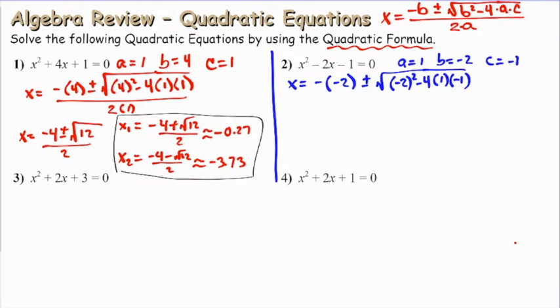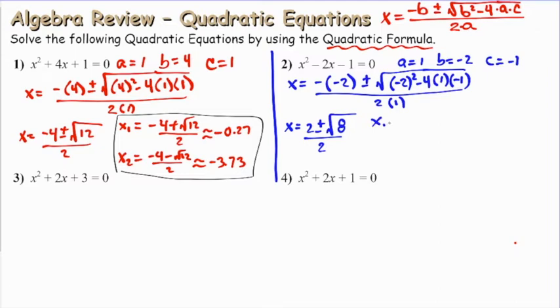We plugged in all of those values all over 2a. And now we can say that x is equal to the negative of -2, which is +2, plus or minus the square root. We see that -2 squared is 4, and -4 times 1 times -1 becomes +4. So 4 plus 4, we get radical 8 all over 2.